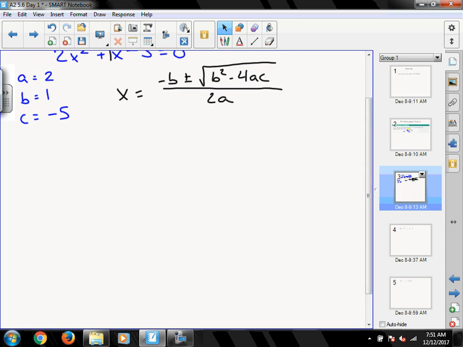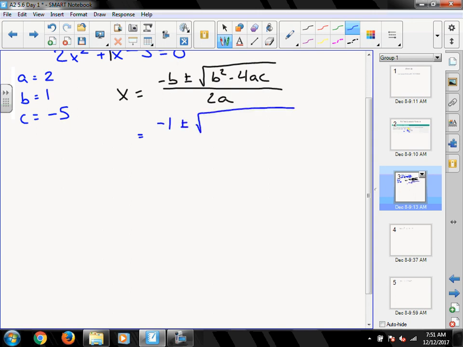So b is 1, so that's going to become a negative 1 plus or minus the square root of 1 squared. I always put parentheses in here just in case b is negative. That way that negative gets squared as well. So this first term should always be positive. It's going to be minus 4 times a, which is 2, and c, which is negative 5, all over 2 times 2.